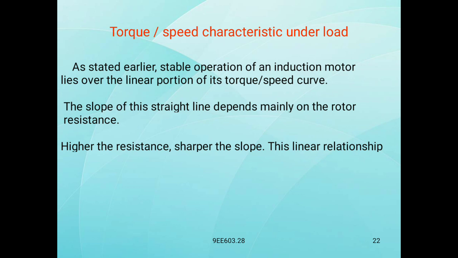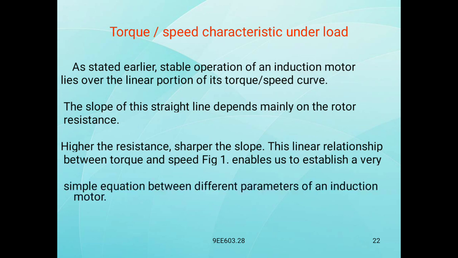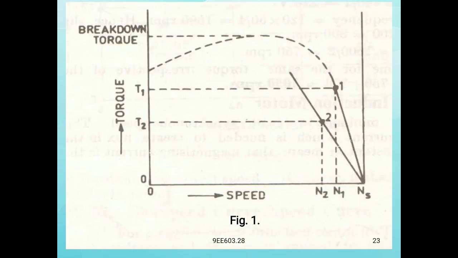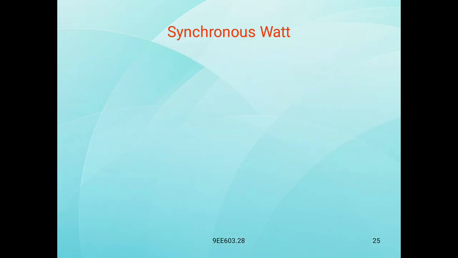Higher the resistance, sharper the slope. This linear relationship between torque and speed enables us to establish a very simple equation between different parameters of the induction motor.